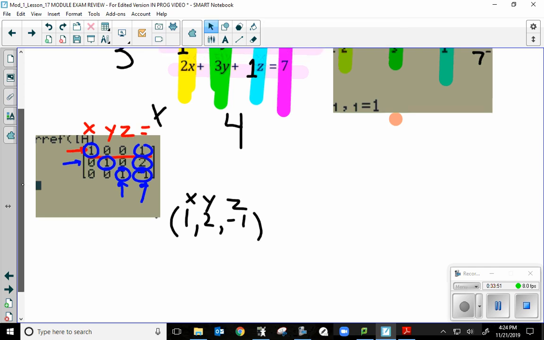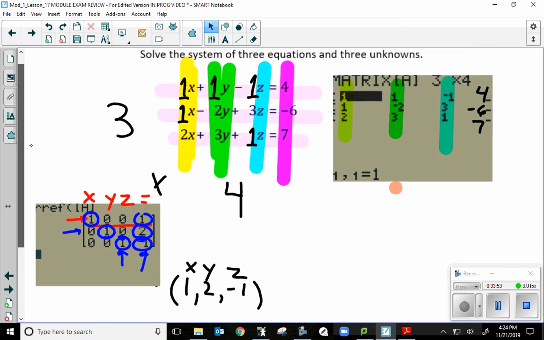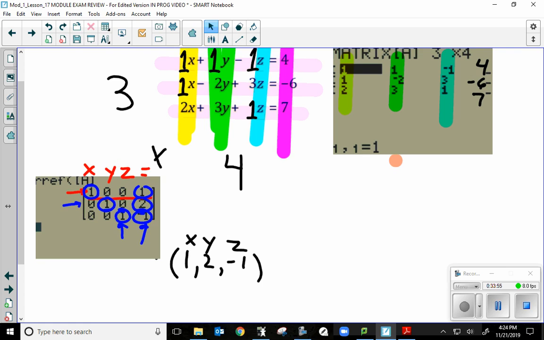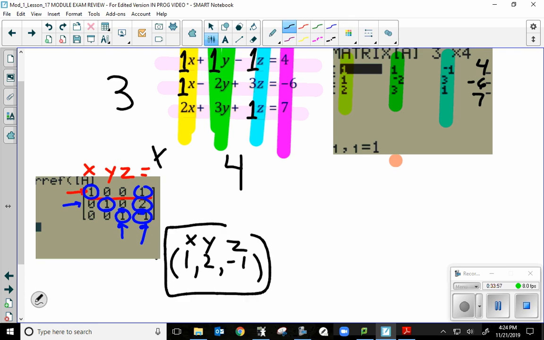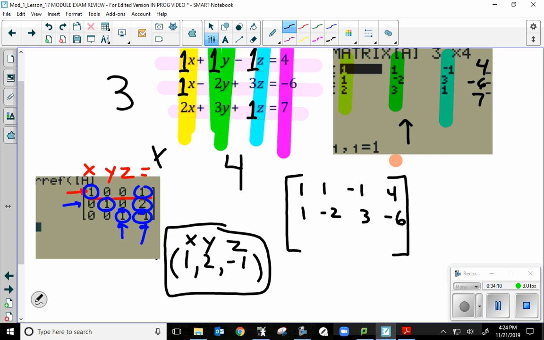Here's the kick. If this were a short answer problem on a test, what would you have to show to get this answer? First of all, you'd have to show the big matrix that we put everything in here. We had 1, 1, negative 1, and 4. 1, negative 2, 3, and negative 6. 2, 3, 1, and 7.